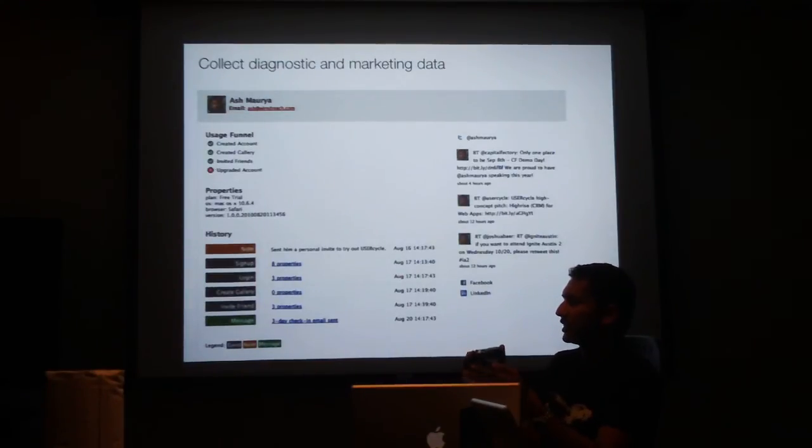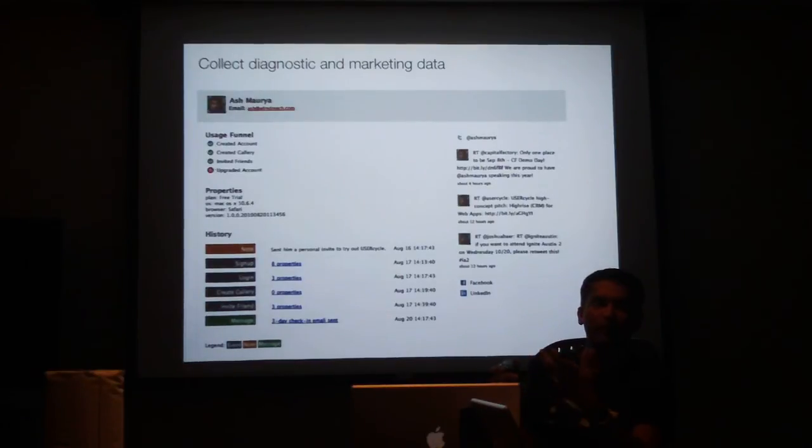Getting the social media data is also very powerful, because if you ever start running campaigns on Twitter or Facebook, you get to find out who are the biggest influencers among the users you have.